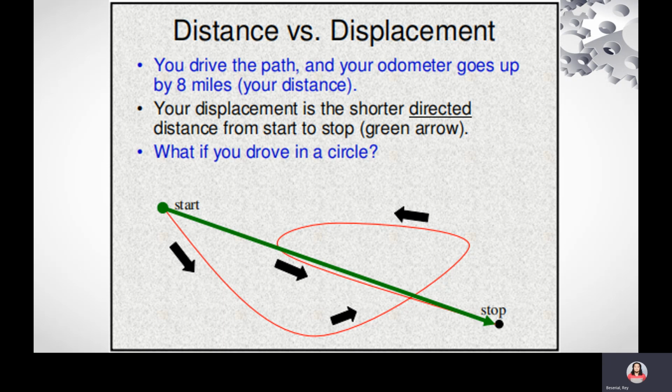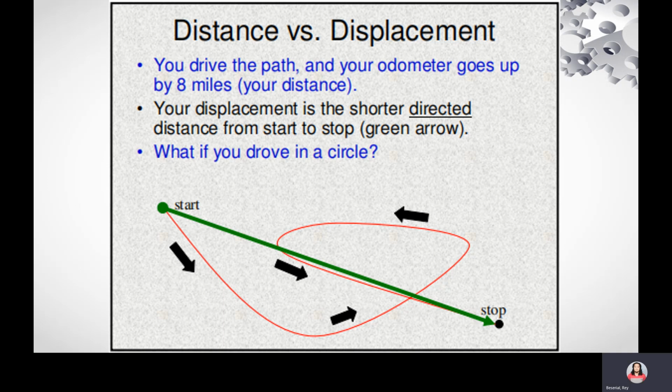So, ito yung red, ito yung ating distance, ito yung total length na na-travel mo or ng path natin. Okay? And then, ang ating magnitude, ang ating displacement is itong green arrow natin, which is the shorter directed distance from the start to stop. So, from initial position natin to final position. So, yan ang malaking pinagkaibahan ng distance sa displacement.